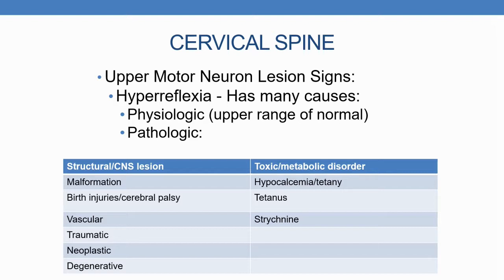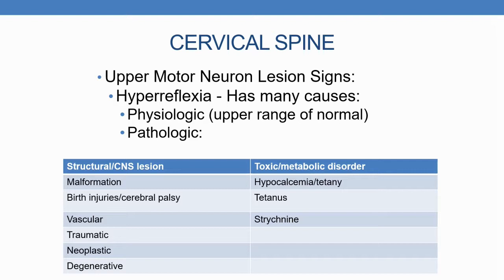And one way to determine that would be to test bilaterally and then also compare upper extremities to lower extremities. And if it's physiologic for them, you're going to find the same degree of reflexibility in all areas that you test.